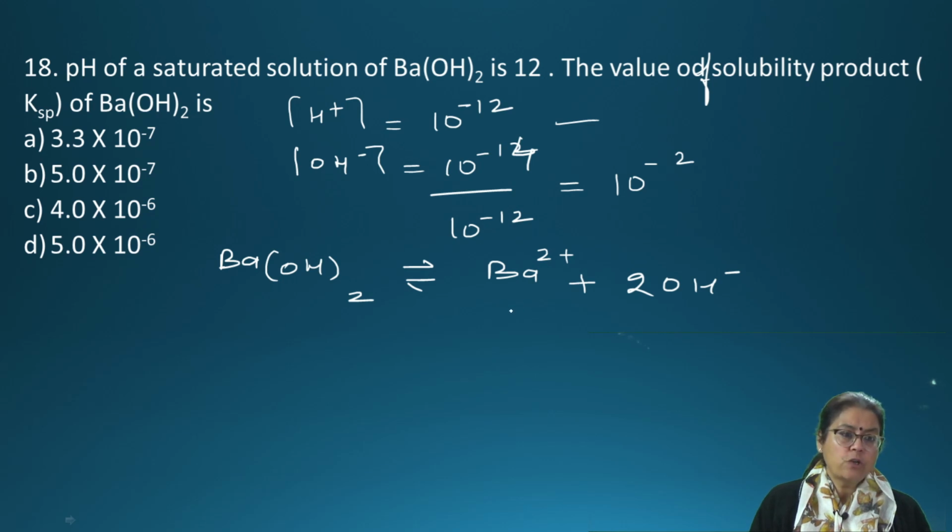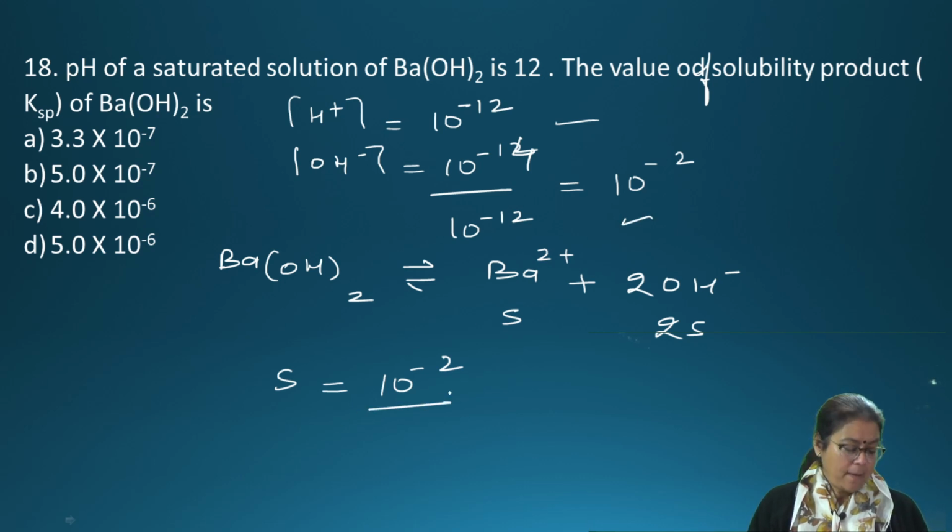So it is going to be S and 2S. ठीक है. So this will be the value of S that will be equal to what? 10 raised to power -2 divided by 2. That is the value of S we are getting over here.